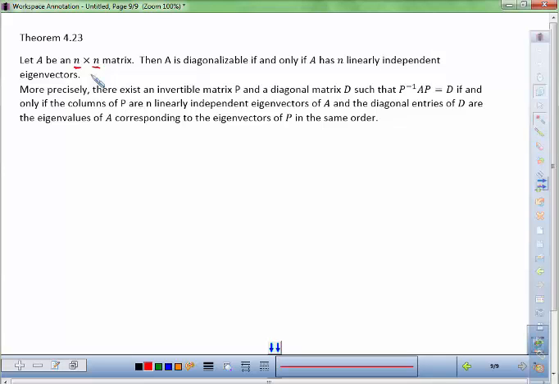The only issue we would have is if we had an algebraic multiplicity greater than 1 for one of the eigenvalues, but the theorem says that you should get n linearly independent eigenvectors. Okay, we won't prove that.